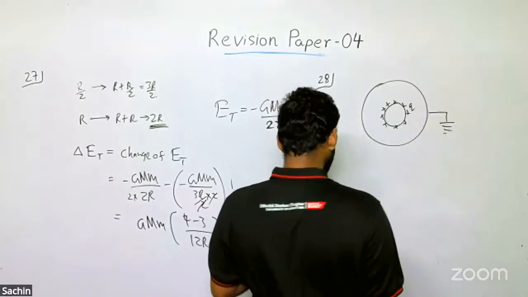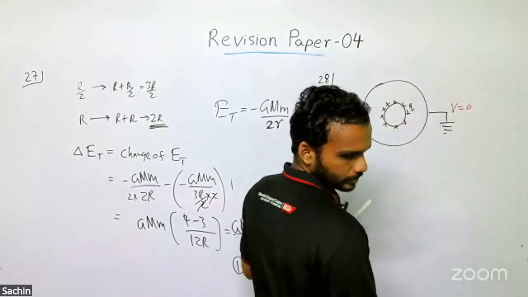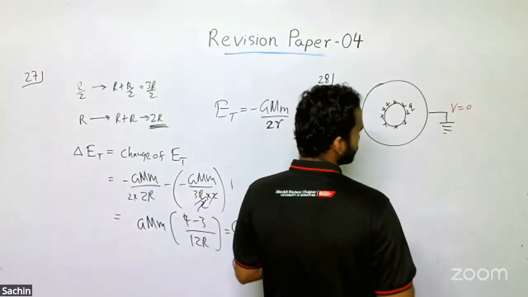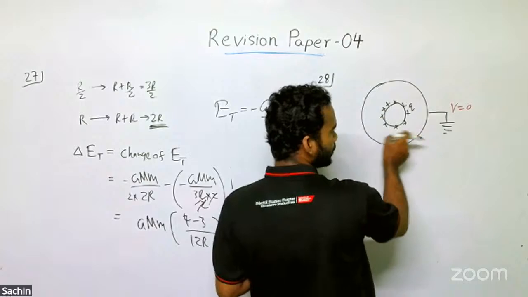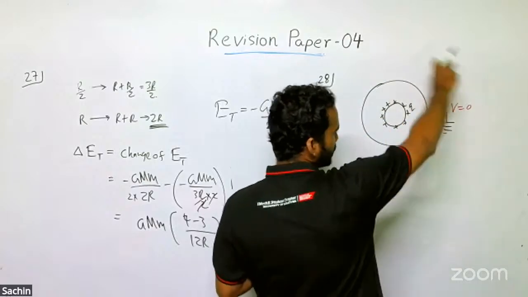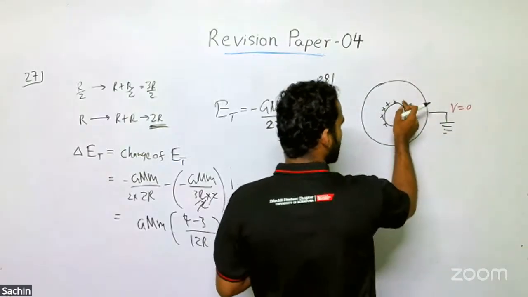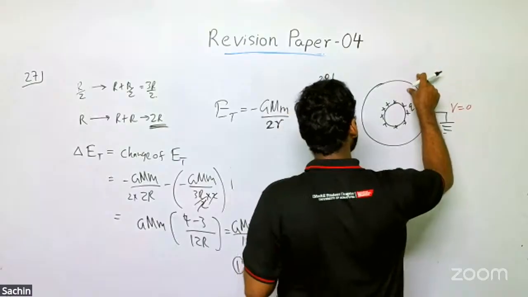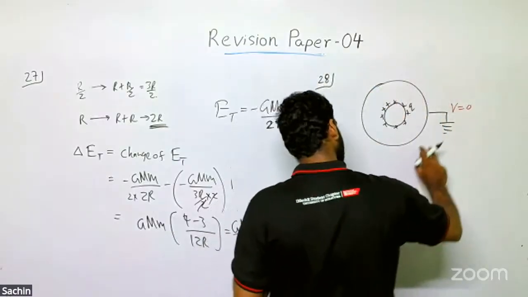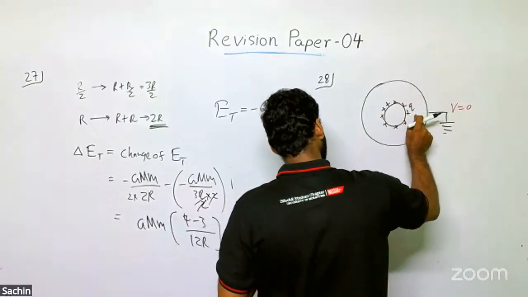So if something is grounded, then the potential should be 0. So to have the same zero potential, what should happen? Because of these positive charges, there is a positive potential induced around this region. So there will be a positive potential developed on this outer shell because of this plus q.